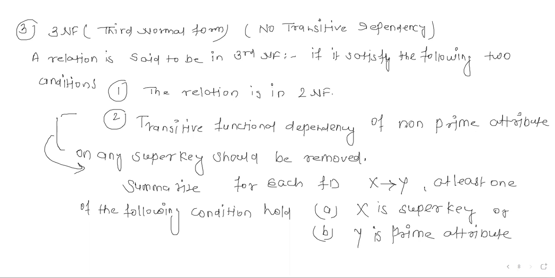So the transitive functional dependency of non-prime attribute on any super key should be removed. Means they should not be dependent on that. If it is the case, then only we can say that our relation is in the third normal form.